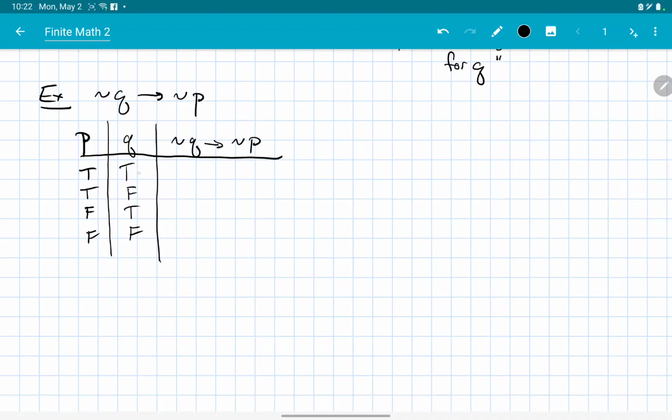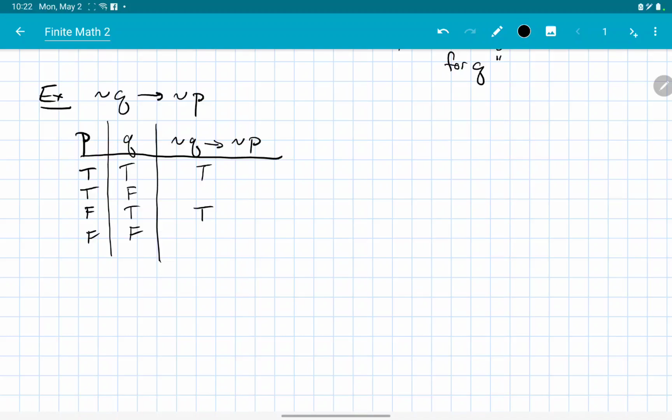Remember that having Q means we do not have not Q. And if the hypothesis of an implication is false, then the implication is vacuously true. So I can automatically put true in the first row and the third row, because those are the situations where not Q is false.